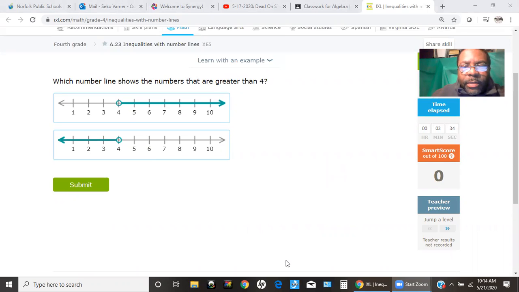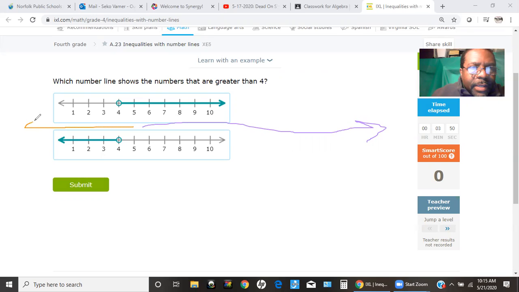Well, we talked already. And we said earlier that going in this direction is greater, right? And going in this direction is lesser than. So if we're looking for something that's greater than 4, this is the greater direction.